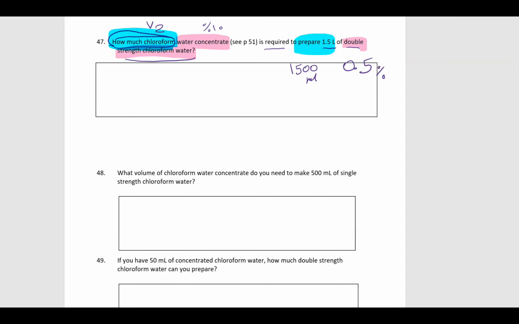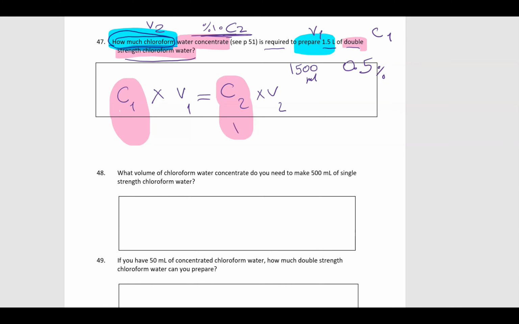So that's V2, and this one is V1, and C2 is the concentration of 10%, and C1 is 0.5. So C1 times V1 equals C2 times V2. So second concentration is 10%.